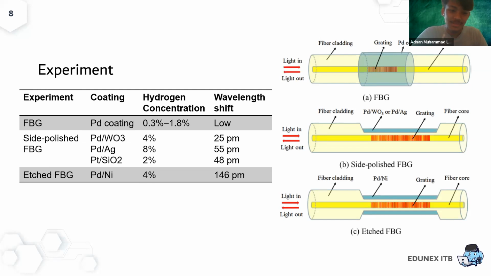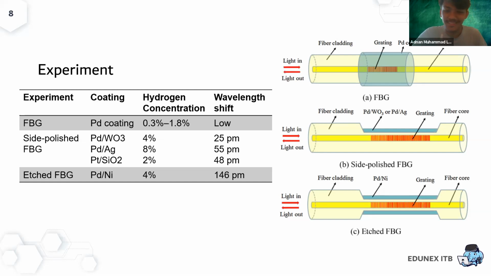So we need an OFS sensor that is sensitive enough to have a large enough wavelength shift at as little hydrogen concentration as possible.